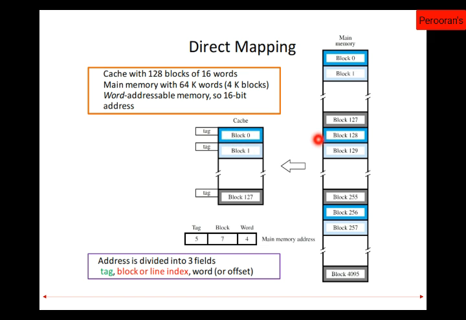When the processor requests data from block 128, and next time requests a location in block 0 again, we need to replace 0 and 128 alternately. That reduces the effectiveness of the cache memory. That is why I told you it is not flexible.